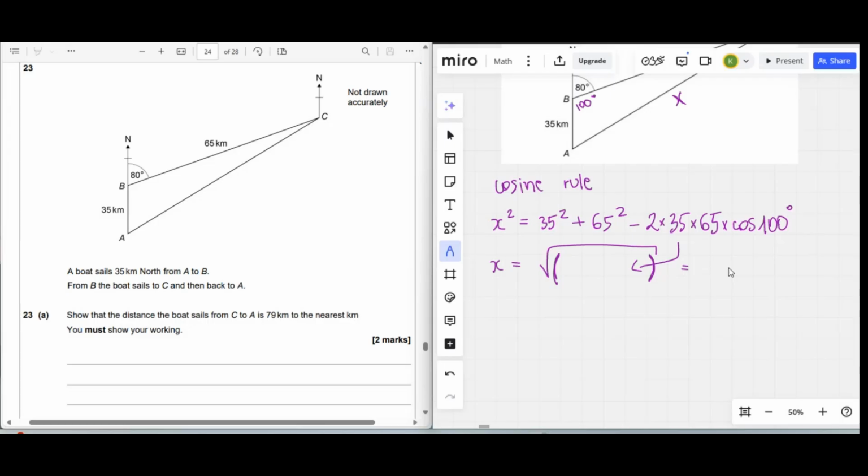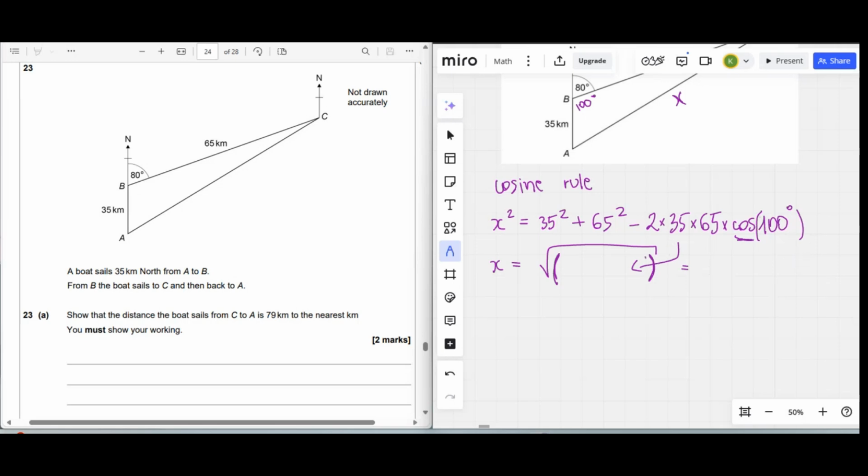Try again. Square root, then parentheses, then all of that, and when you come to cosine, you should put that 100 in parentheses as well.